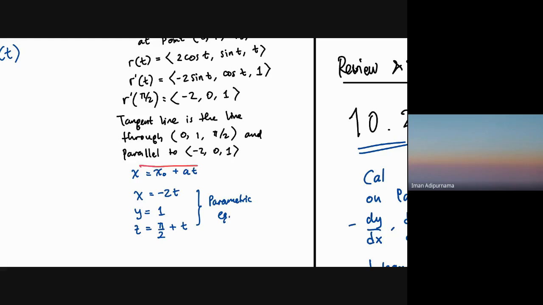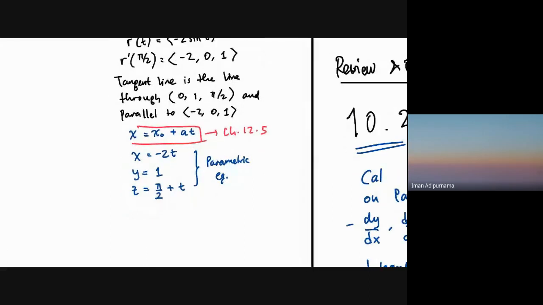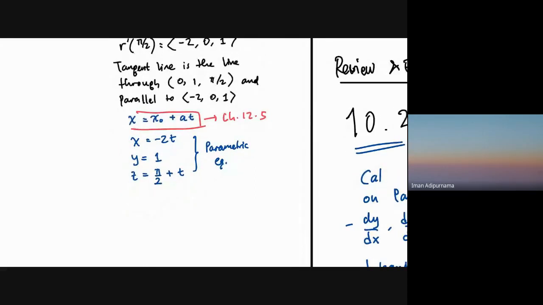So we already did this in chapter 12, 12.5. Most of chapter 12 will also be applied in chapter 13. So 12 and 13 have a lot of connections because of the vectors.